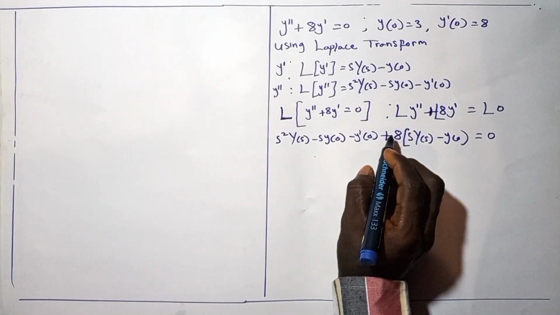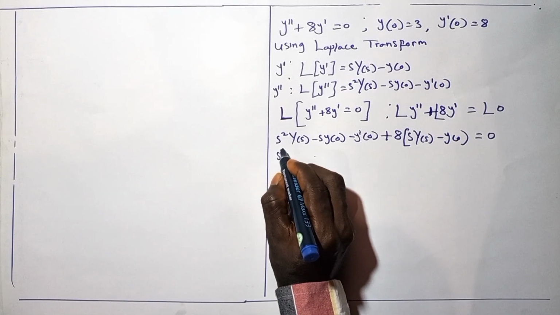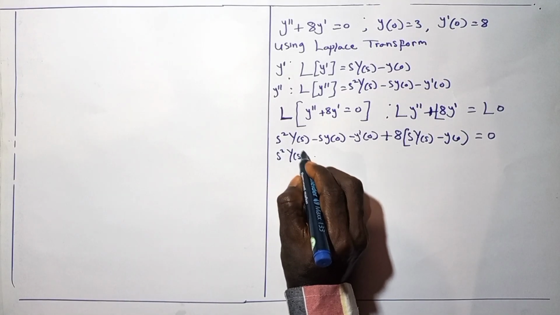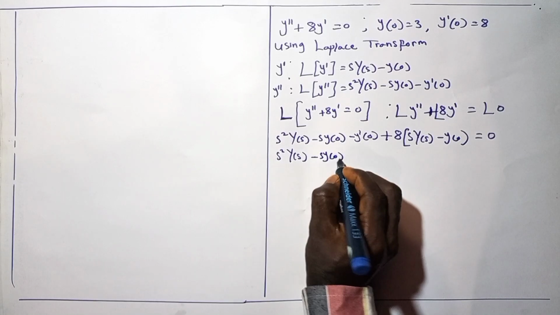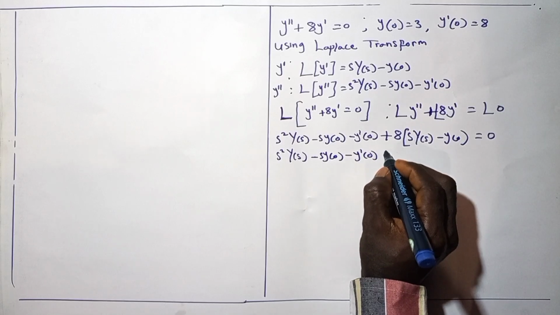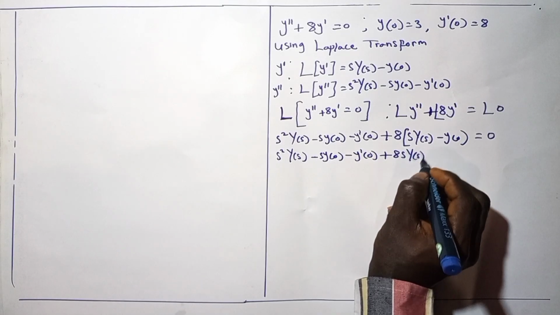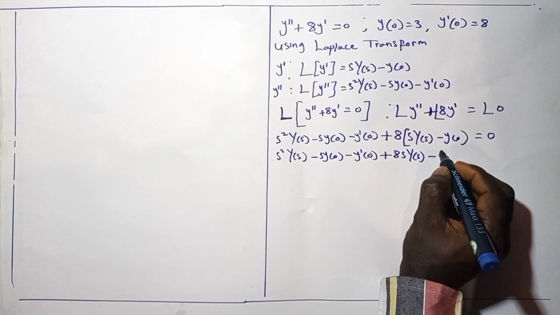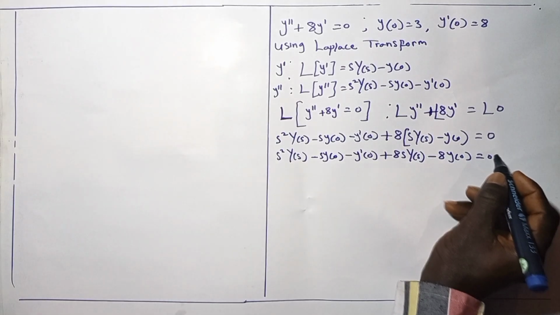So now let's simplify this. We have s squared Y of s minus s y of 0 minus y prime of 0, and this gives us plus 8s Y of s minus 8 y of 0 is equal to 0.